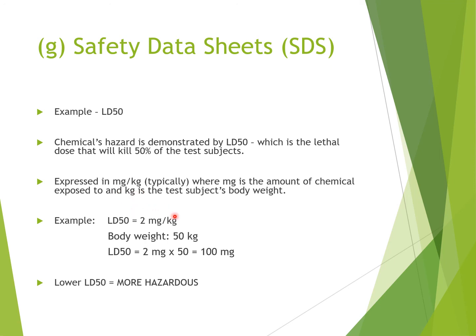So the example here is if the LD50 is 2 milligrams per kilogram, and you weigh 50 kilograms, which is about 100 and some pounds, you can multiply that milligrams per kilogram times the 50 kilograms, and you'd know that if you ate 100 milligrams of this particular substance, you would have a 50% chance of dying. So the biggest thing to know is the lower the LD50 is, the more hazardous the chemical is.